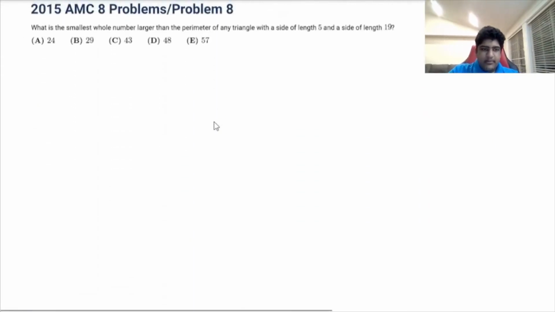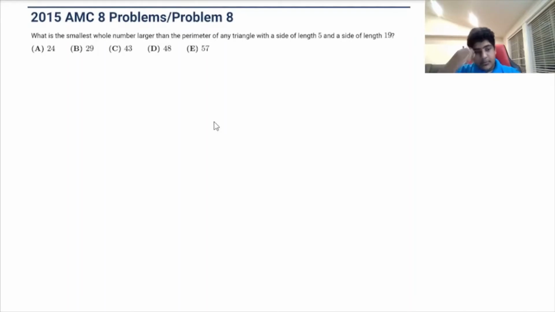Let's move on to problem number 8. We need to find the smallest whole number larger than the perimeter of any triangle with a side of length 5 and a side of length 19.